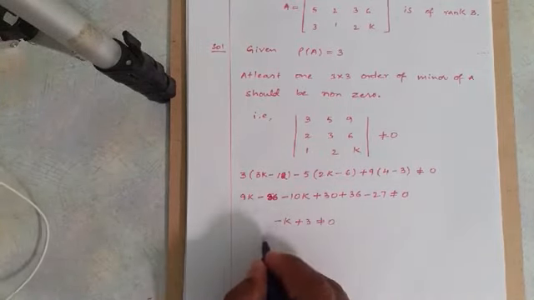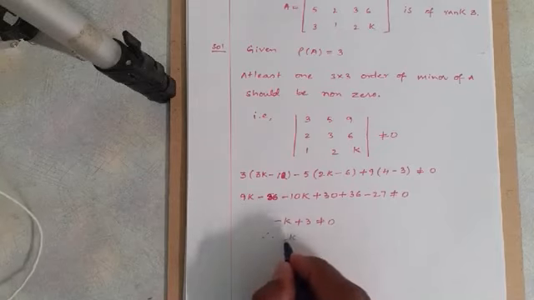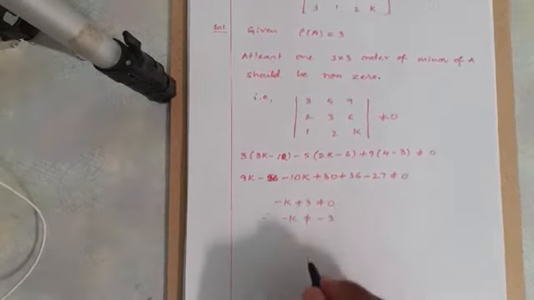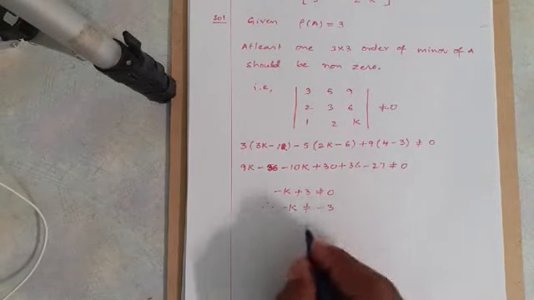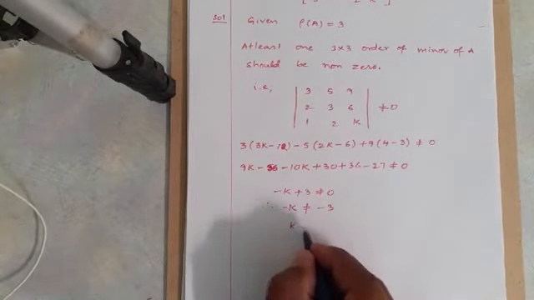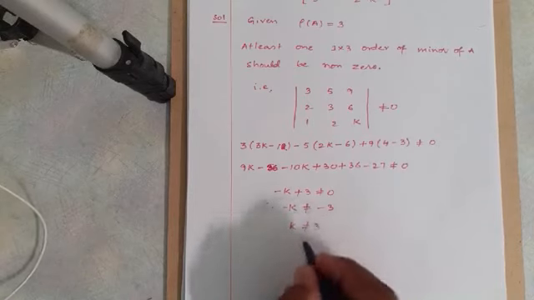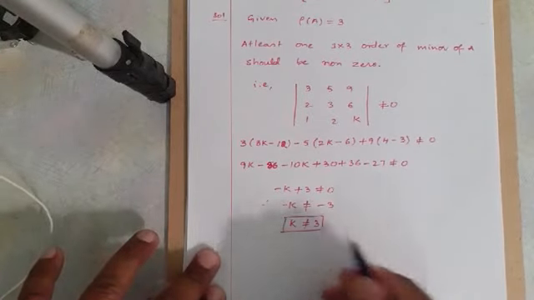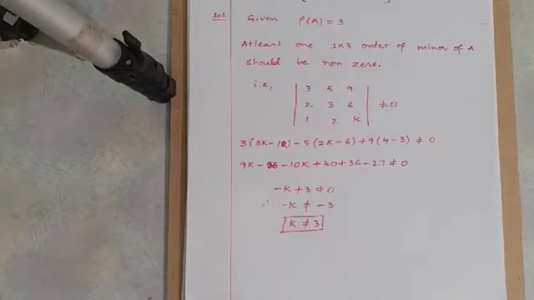So minus k plus 3 not equal to 0, then k is not equal to 3. So the k value is not equal to 3. This is the answer for the first problem.